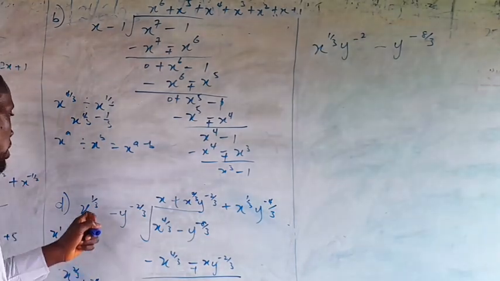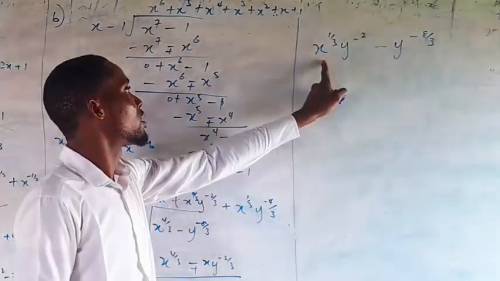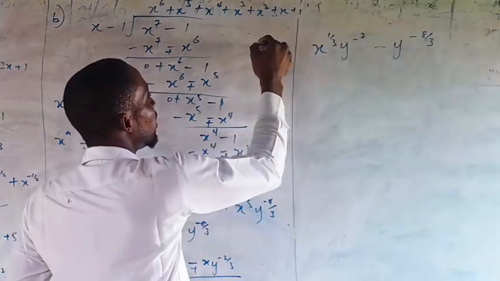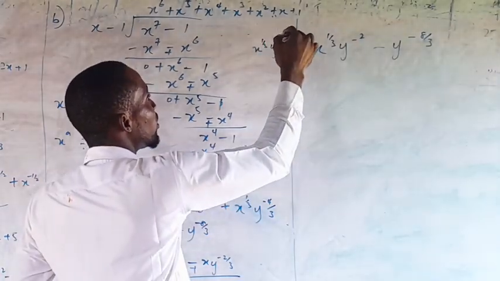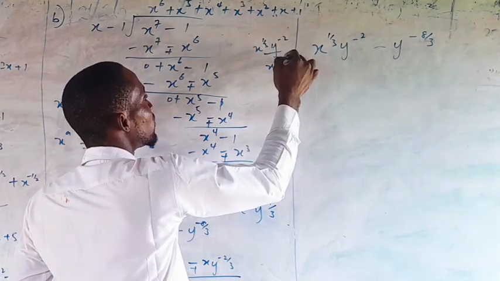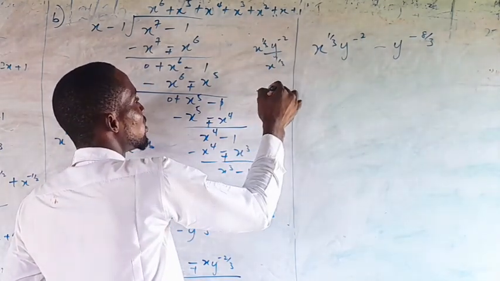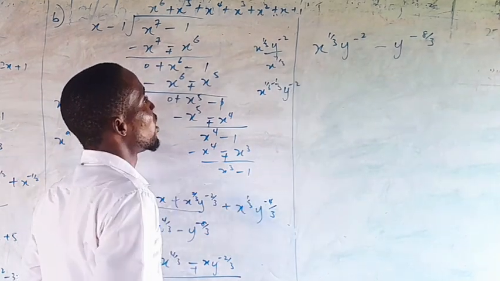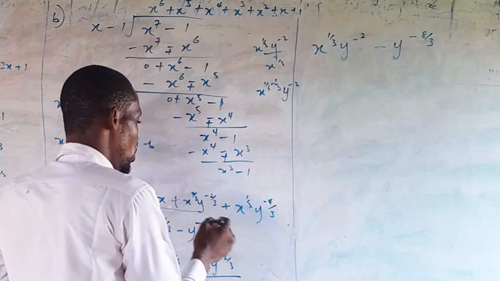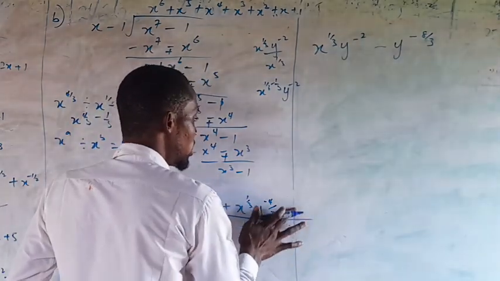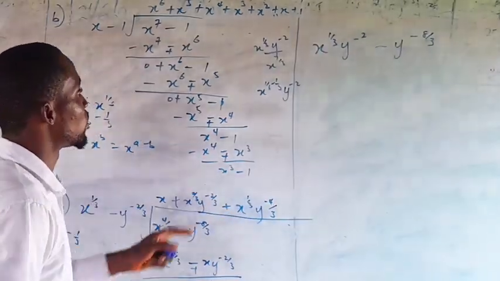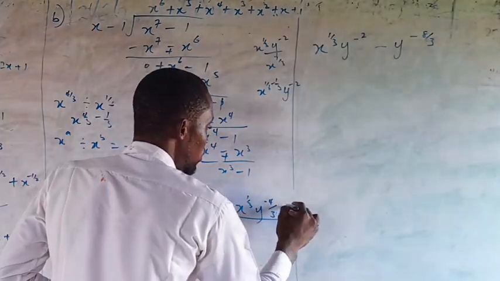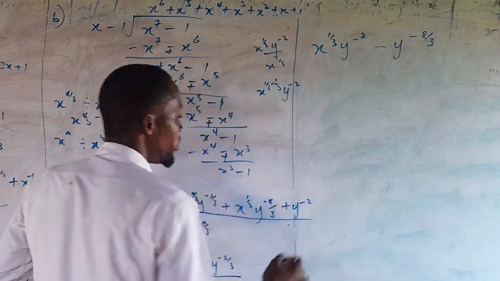Again, taking x^(1/3) in this, x^(1/3) y^(-2) over x^(1/3) is as though saying x^(1/3 minus 1/3) y^(-2). So what will I have up here as my other quotients? x raised to power 0 is 1, times y^(-2), which is y^(-2).